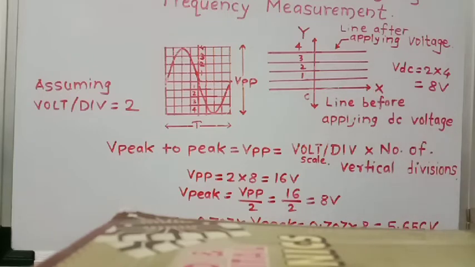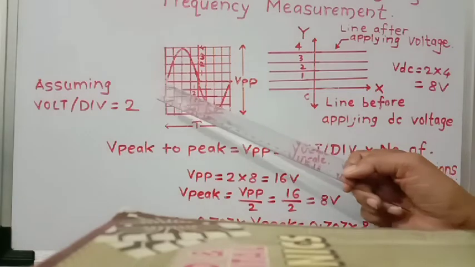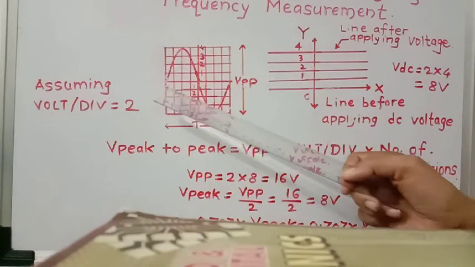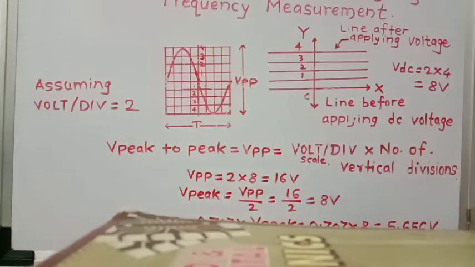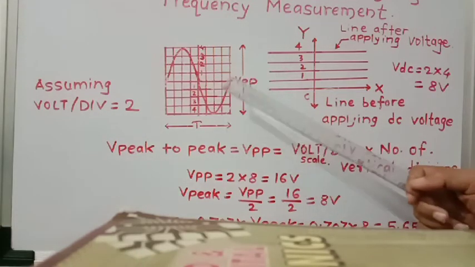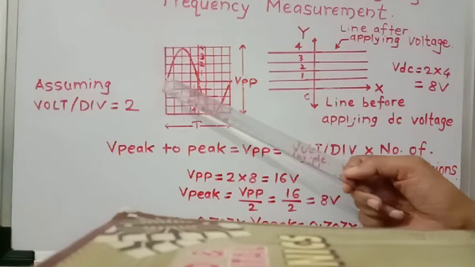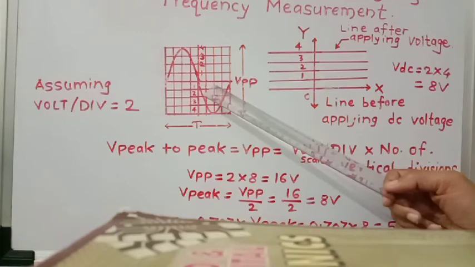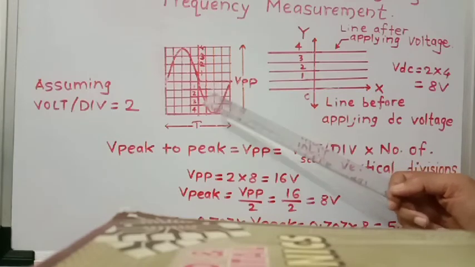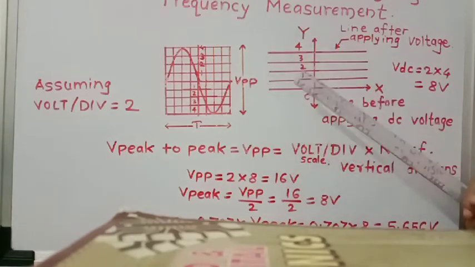Suppose the time per division knob is set to 1 millisecond per division. Then for one division its value is 1 millisecond. Since there are a total of 8 divisions, the time period T is equal to the number of divisions on the x-axis for one cycle into the time per division.